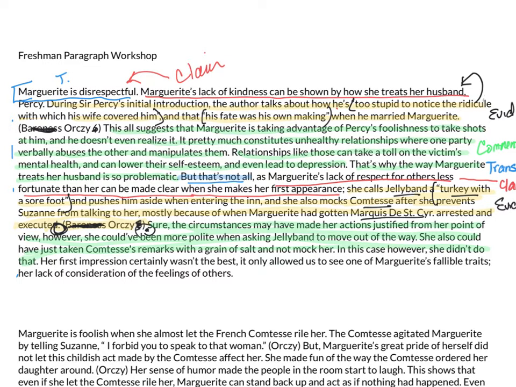Okay, so we have, sure, the circumstances may have made her actions justified from her point of view. However, she could have been more polite when asking Jellyband to move out of the way. She also could have taken the Comtesse's remark with a grain of salt and not mocked her. Yeah, missed a need either. In this case, however, she didn't do that.